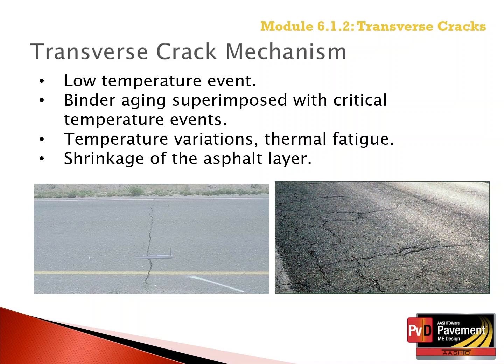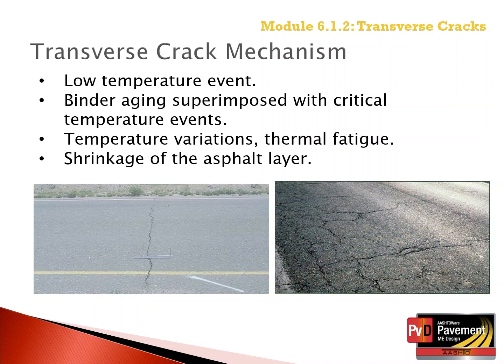Temperature cycles or variations can also result in transverse cracks through thermal fatigue, which is the continued application of tensile stresses at the surface of the asphalt, or the repeated application of tensile stresses at the surface of the asphalt.